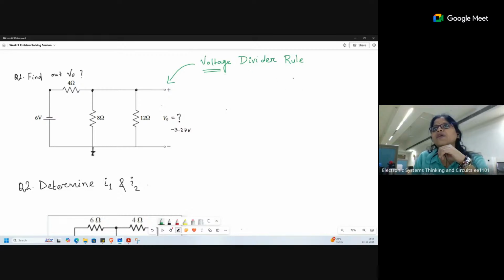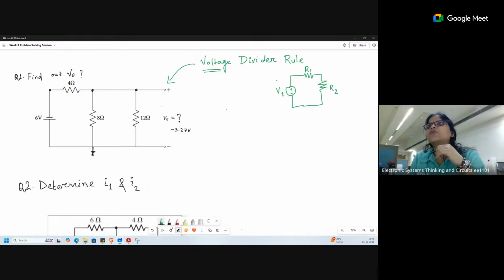In case you have one voltage source, plus minus, let me say V1 is there, and if you have multiple resistances connected, let me take only one or two resistors. This is R1, this is R2.